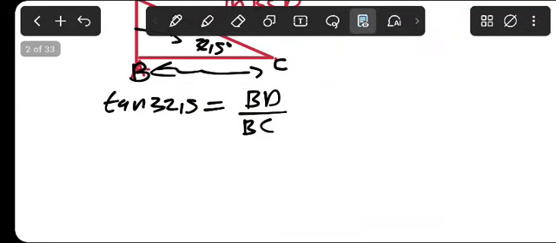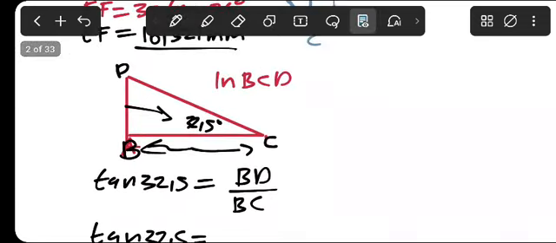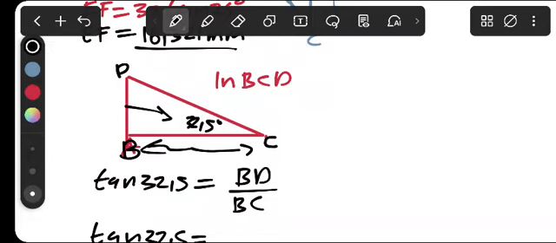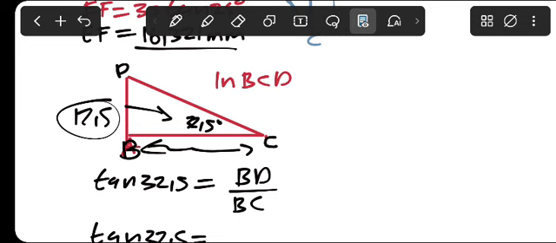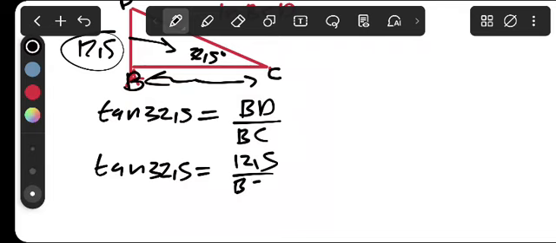All right, so here we still have tan 32.5. BD is 12.5. So we have tan 32.5 equals 12.5 divided by BC.